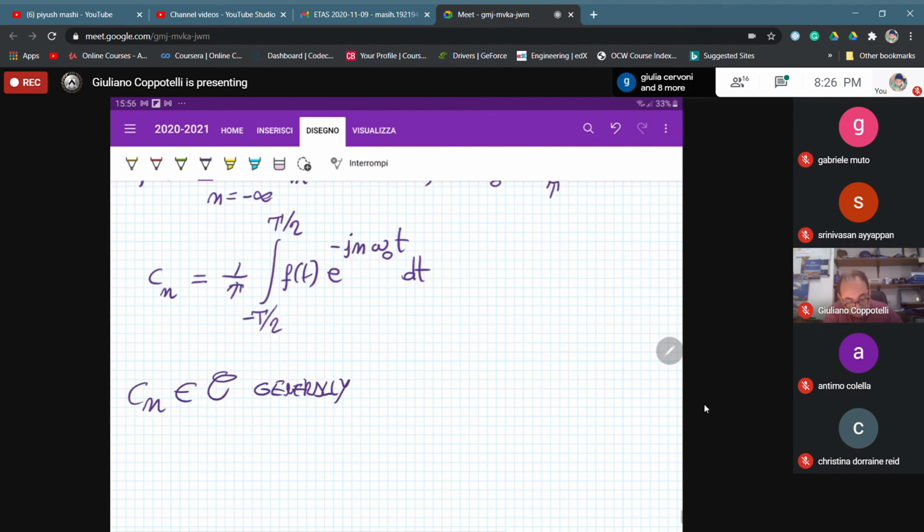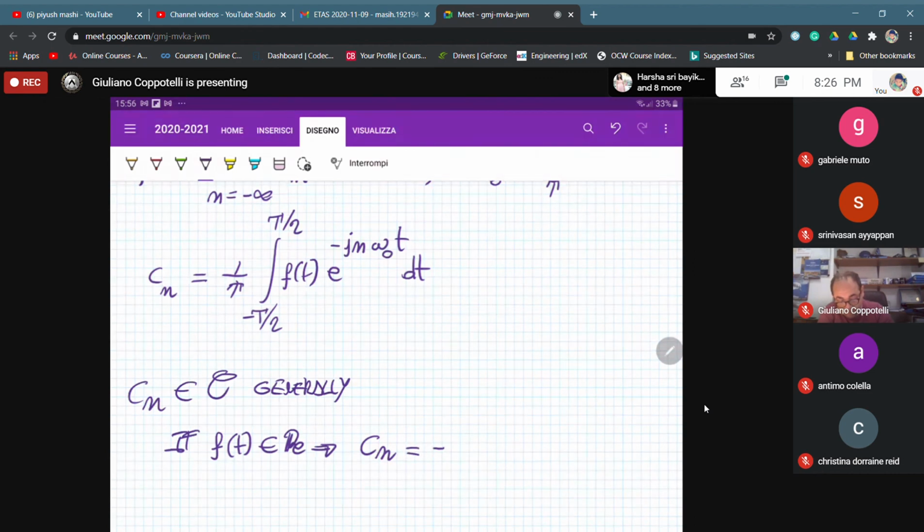But if your function f(t) is a real one, then your coefficients are such that the positive index coefficients are the complex conjugate of the negative index coefficients.